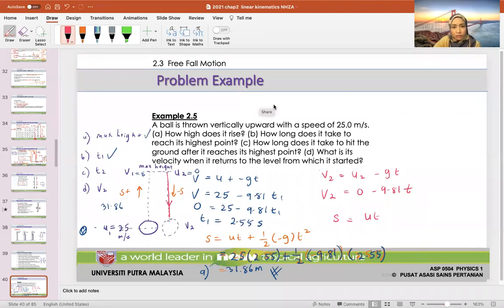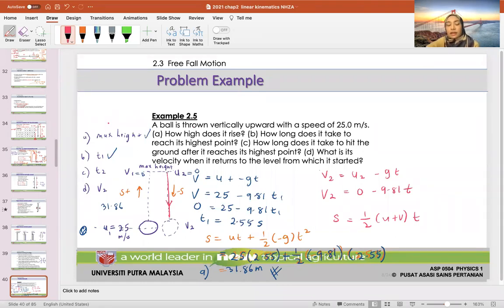Doktor boleh ke pakai S equals to 1 over 2 U plus VT? Okay, kita boleh try. Thank you for trying. So Aiza nak pakai 1/2 U plus V T. So this is what Aiza wants to use. So we know that from A, we already know our maximum height.